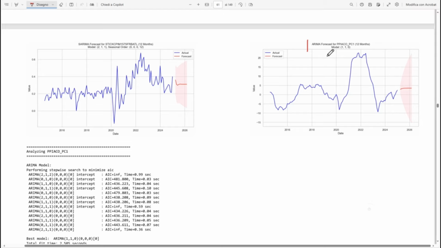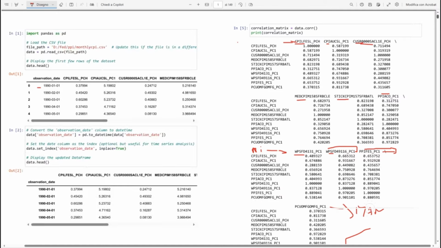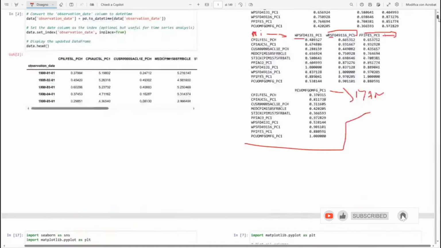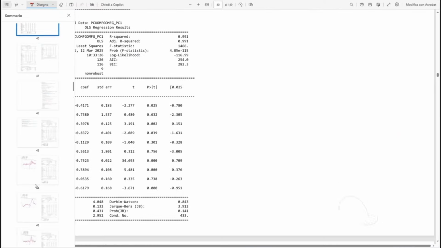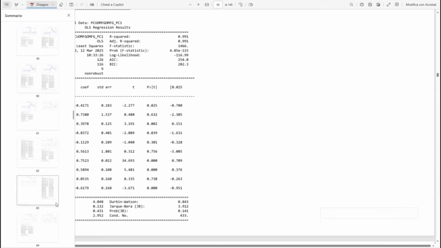Okay, the ARIMA forecast for 12 months for the producer price index for commodities should be nice in this trend.